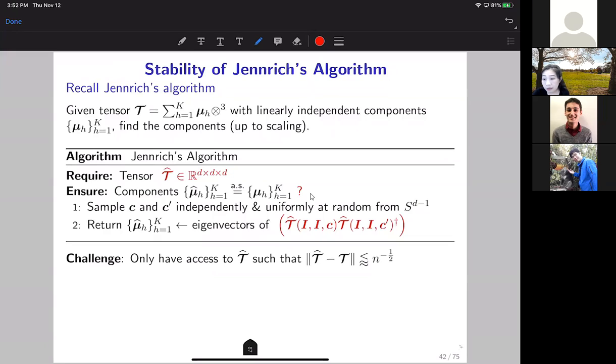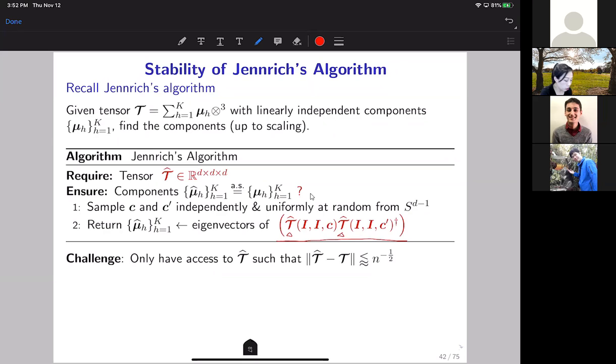Now the problem is, before, you said the Jennrich algorithm works well because you assume that you have the exact tensor, but now you don't have the exact tensor. You have T hat, which is an estimation of the tensor, right? So now what you can do is take eigenvectors of this new matrix, where the tensor has been replaced with the tensor hat.